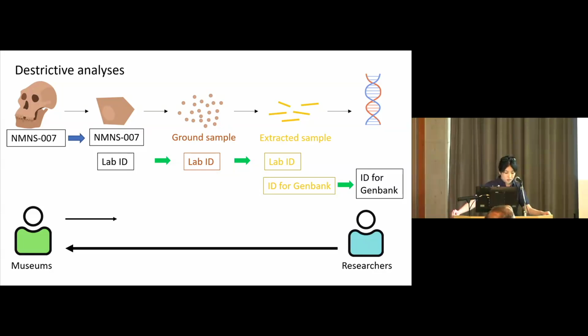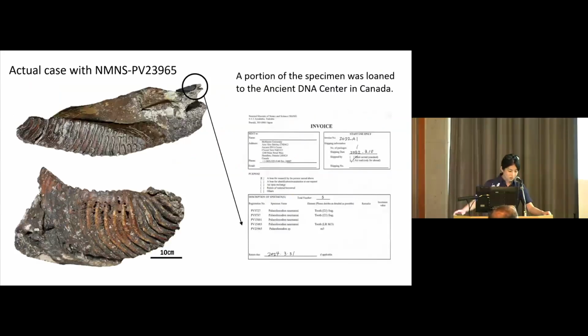The resultant data may be stored in a proper online database, and it has its own ID as well. In the whole process, the researcher would know precisely where the original specimens are located and can track the entire process backward, but for museums, not so much.